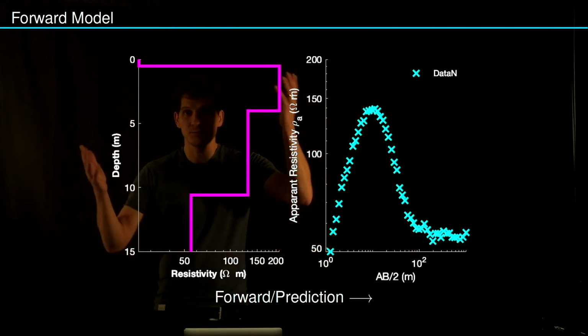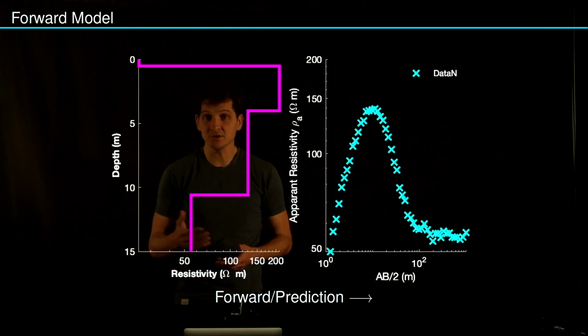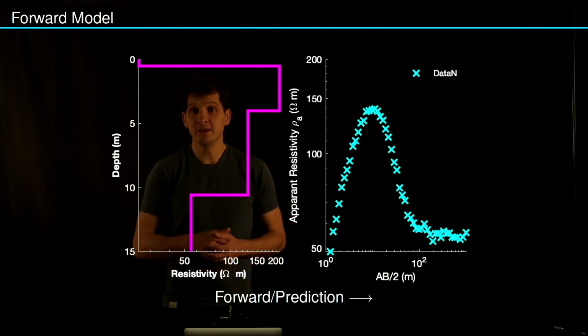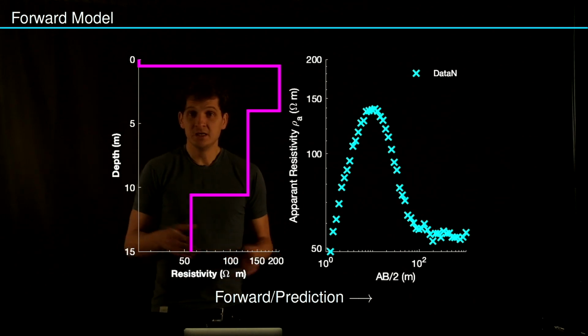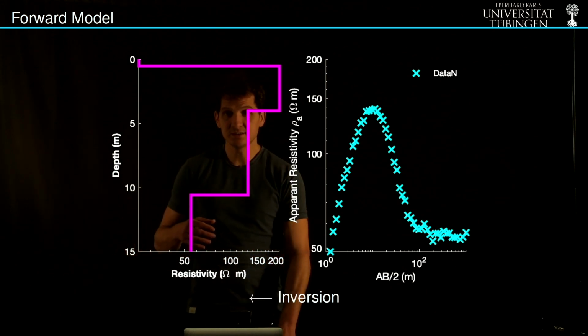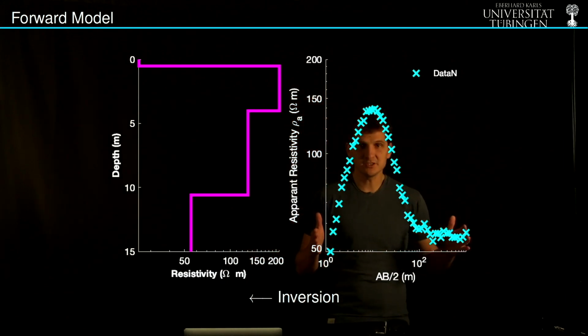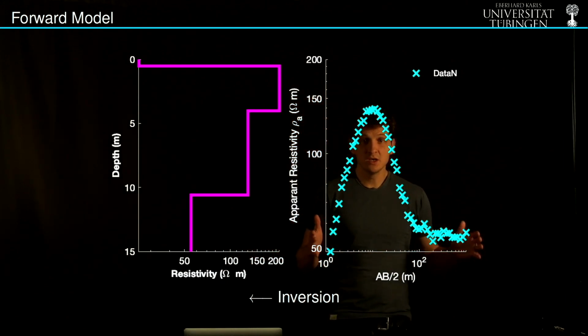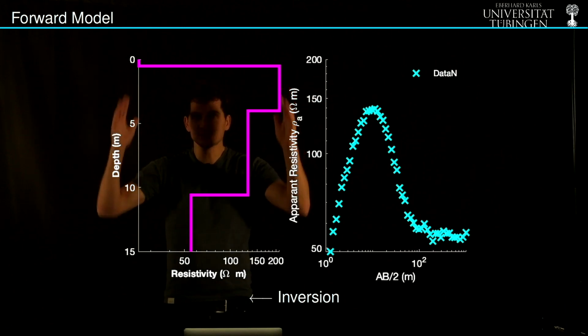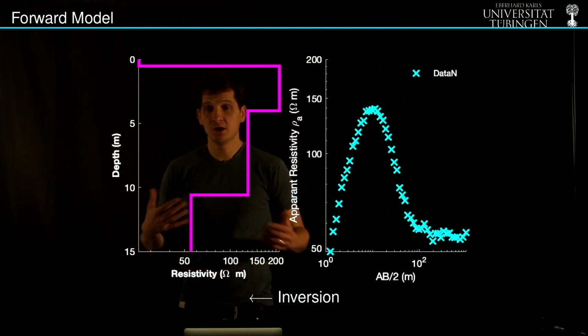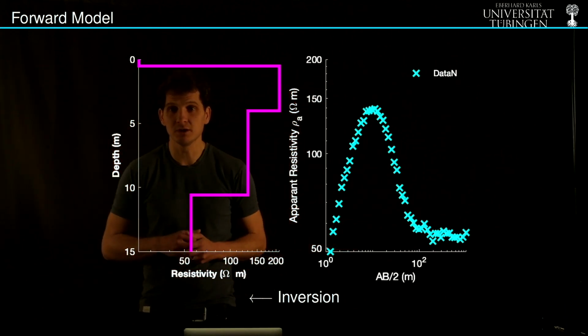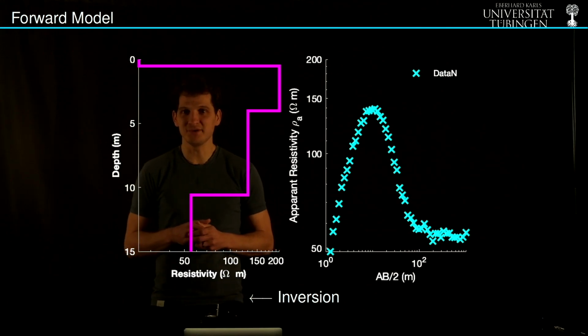If you have some idea about the geological context that you encounter, you can use this to plan your geophysical survey. However, more interesting is the inverse way, meaning we have a set of observations, and what we want to know is what model parameters go along with those observations, because this is the goal of a geophysical survey.